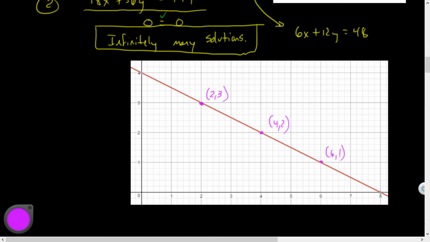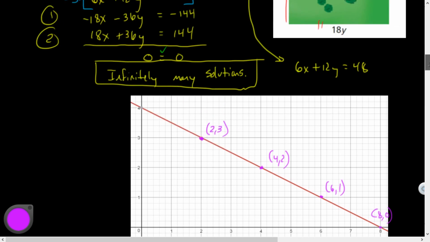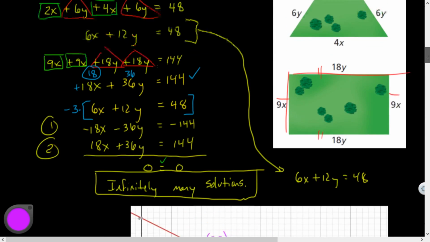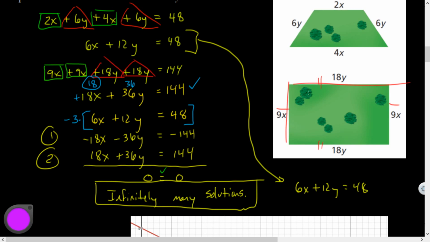Or this one doesn't make a lot of sense. 8, 0. Would 0 work for y? Could I have a rectangle that has 0 as one of its side lengths, because 18 times 0 is 0? No, that doesn't work well for land.